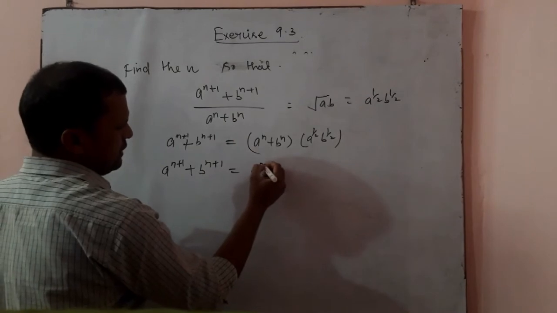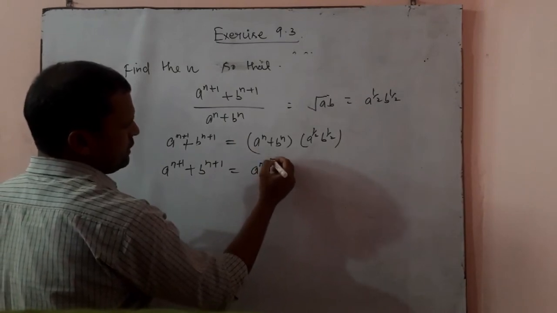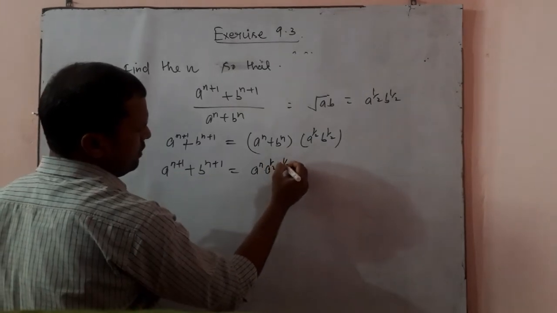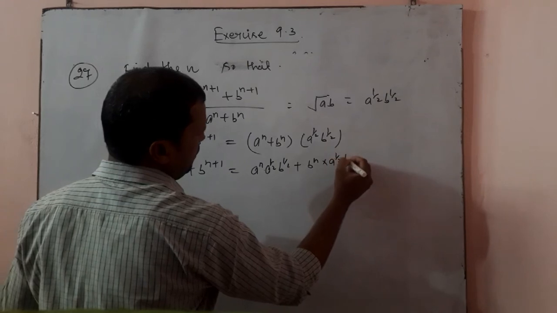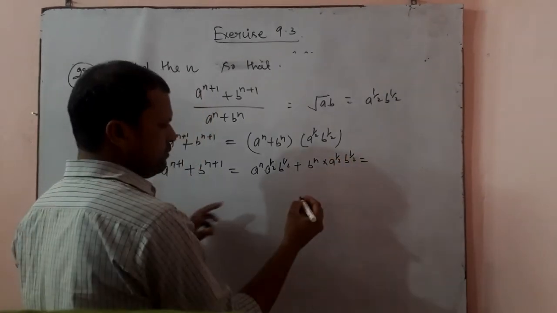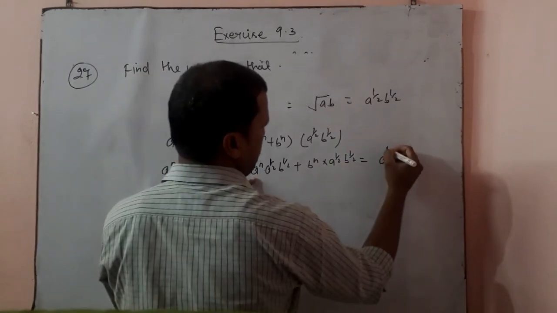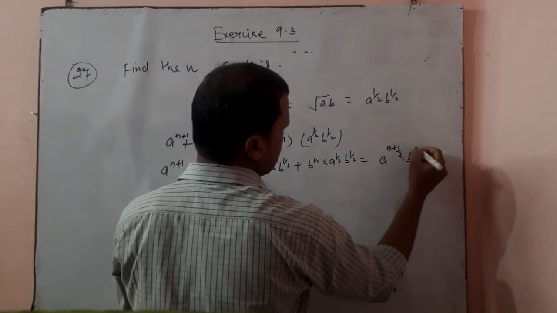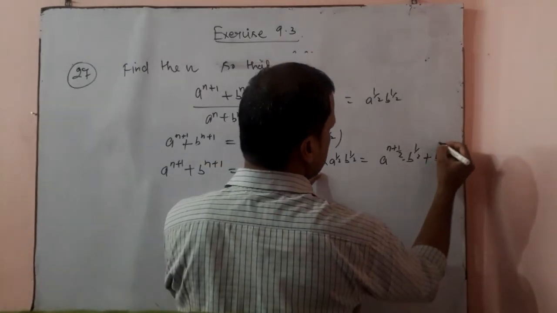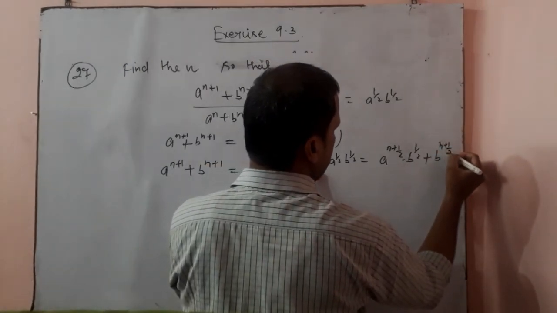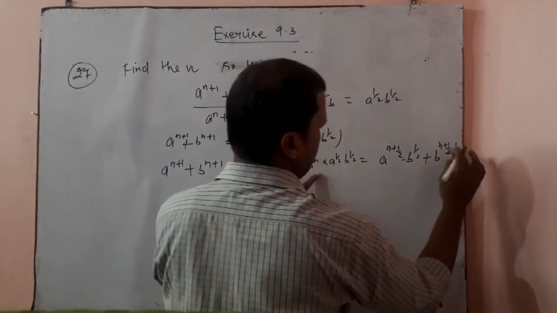This can be a to the power n into a to the power half b to the power half plus b to the power n into a to the power half b to the power half. This can be written as a to the power n plus half b to the power half plus b to the power n plus half into a to the power half.